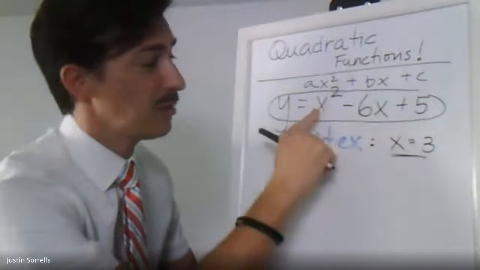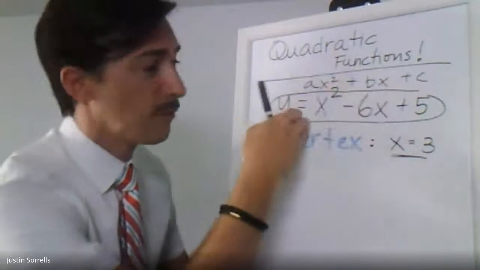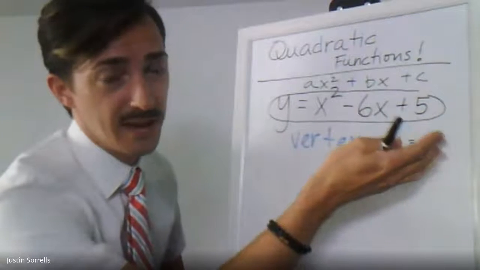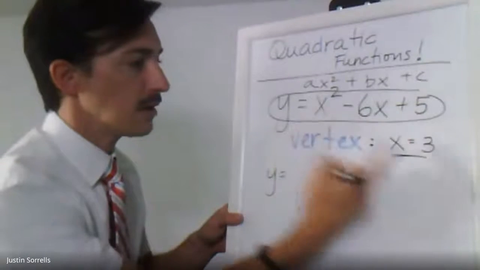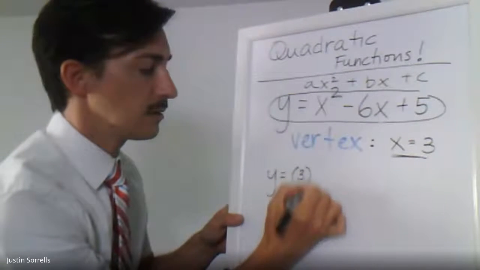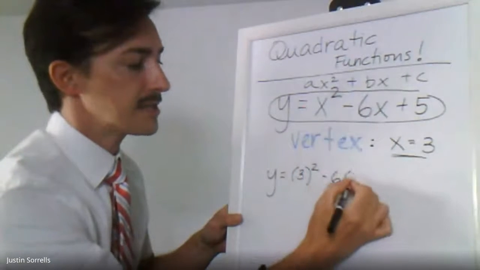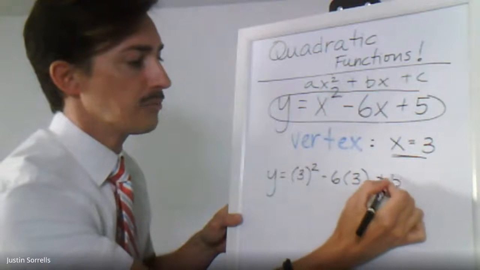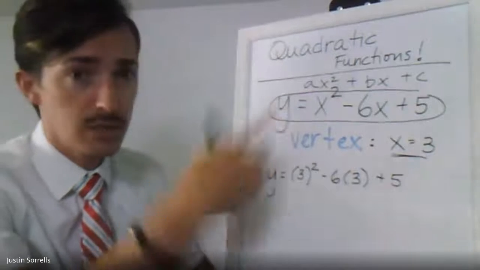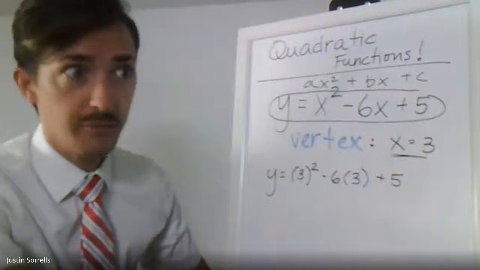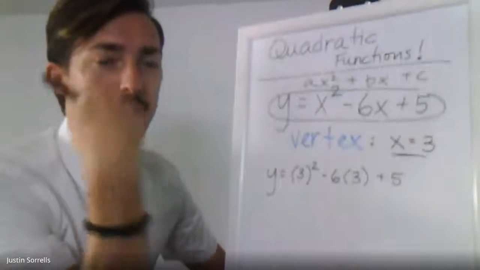Since we know that, we could put 3 here, and we could put 3 here. And when we do that, we just have numbers on the right side, and we can evaluate. All right, let's do it. So y equals x squared, so that's 3 squared, minus 6x, so that's 6 times 3, plus 5. Got to keep that plus 5 on the end, okay? Now, you just evaluate. You all can square stuff and multiply and add and subtract like bosses, okay? So 3 squared is 9.